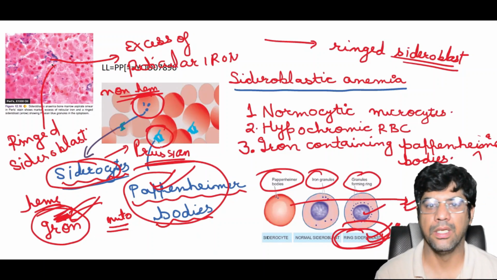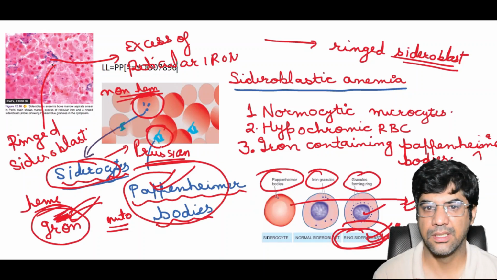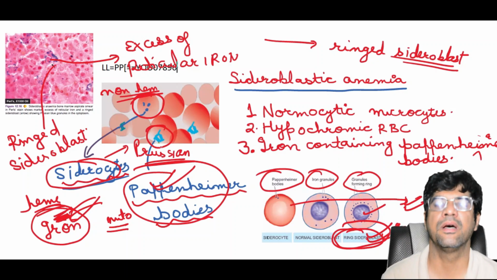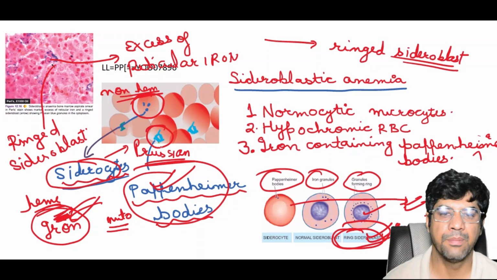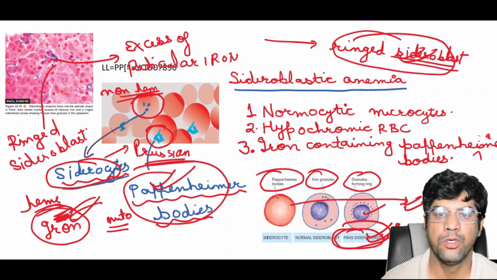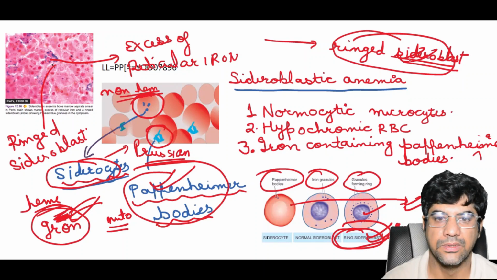Siderocytes are rare in normal peripheral blood, but they can appear after splenectomy. Remember, sideroblasts are immature nucleated red blood cells with iron-containing granules.